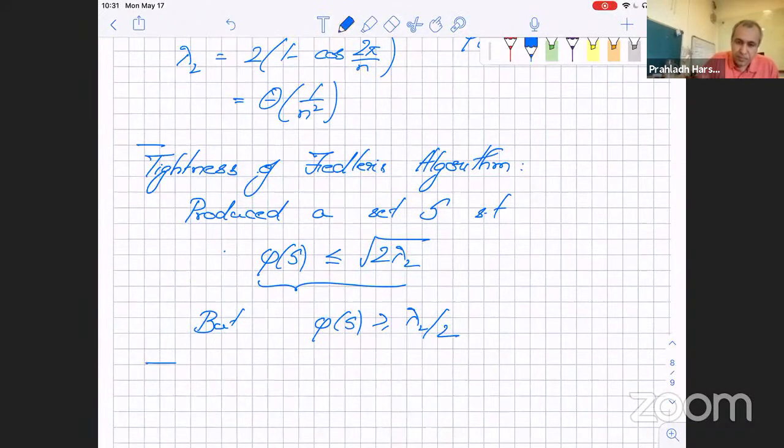We saw that, which were the second eigenvectors?